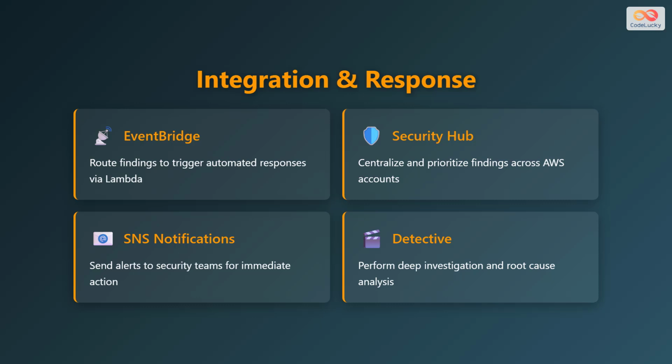Using Simple Notification Service, or SNS, you can send real-time alerts to your security teams via email, text messages, or other notification channels. And with Amazon Detective, you can perform deep investigation and root cause analysis to understand exactly what happened during a security incident.